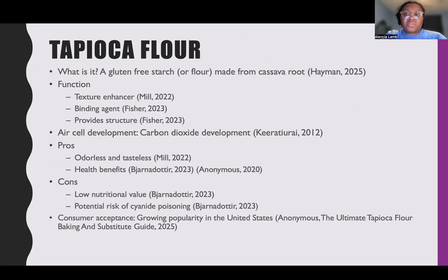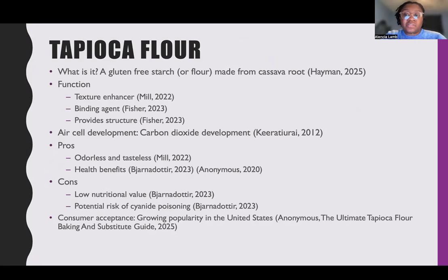In terms of cons or disadvantages of tapioca flour or starch, it has a low nutritional value of less than 0.1% of nutrients, and it provides zero fat and protein, compared to cassava flour or cassava root flour, which is rich in fiber due to minimal processing.